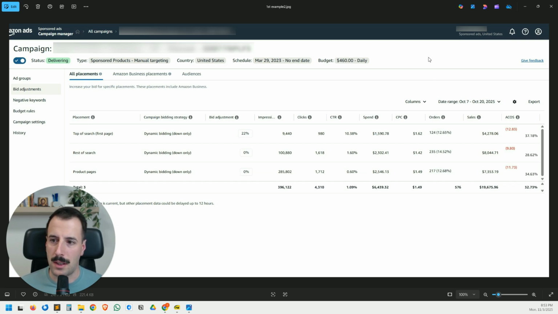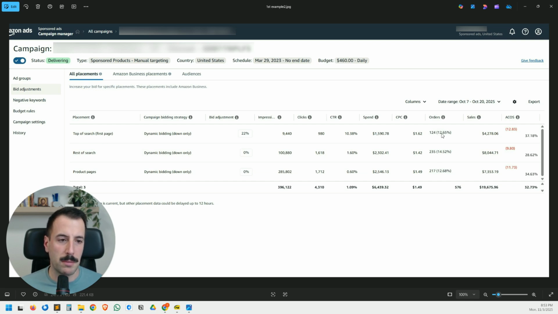So here you can see placement adjustments before this campaign was properly structured. This is the campaign with two ad groups and multiple keywords inside. This was the previous month, and you can see that the spend is more or less evenly distributed between each of the placements: top of search, rest of search, and product pages.